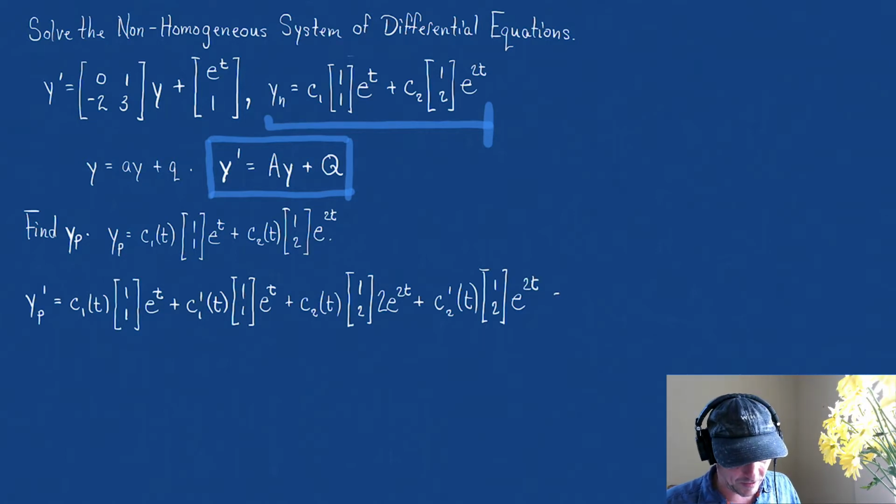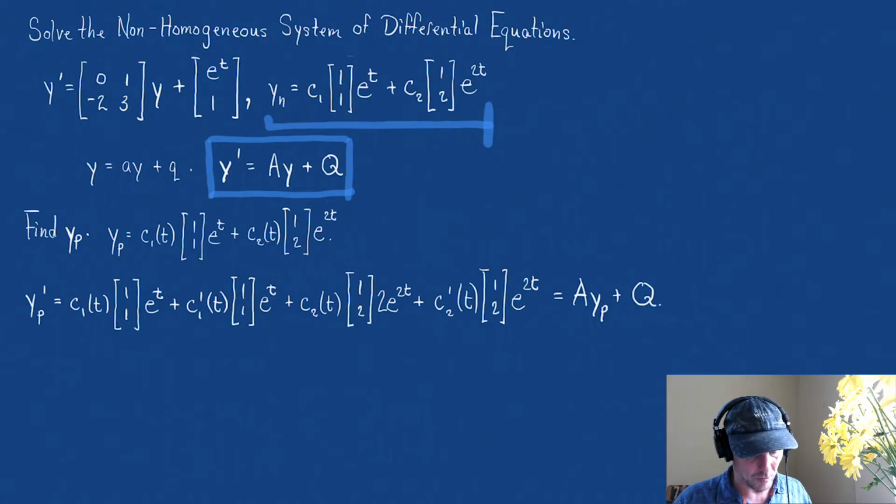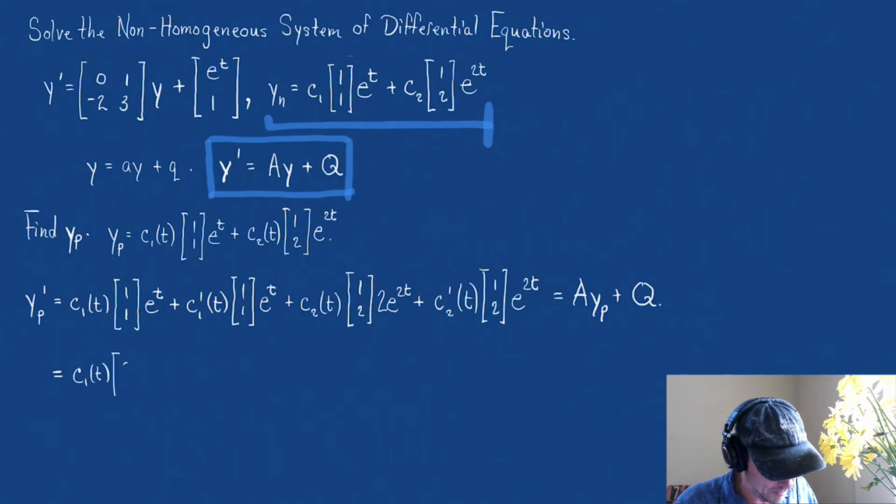And remember that this has to equal A y particular plus q. So let's keep going here. I'll write this out to help see. This is going to be c1 of t times A, which is 0 minus 2 1 3, times 1, 1 e to the t.